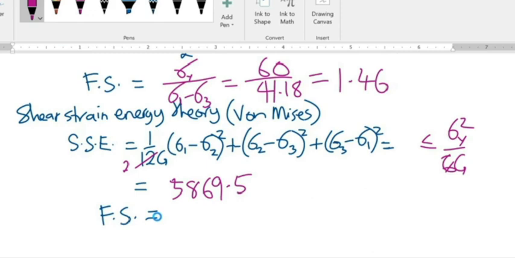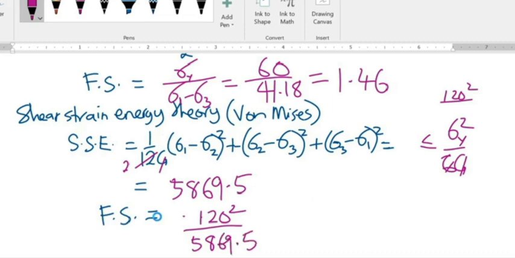And so if this value is less than the right-hand side, which is here going to be 120 squared divided by 120. The G also cancels, so it's just 120 squared, and I'm sure 120 squared is greater than 5869.5. So in this case, we can go ahead to determine our factor of safety, which is what is on the right hand side over what is on the left hand side. So 120 squared all over 5869.5.